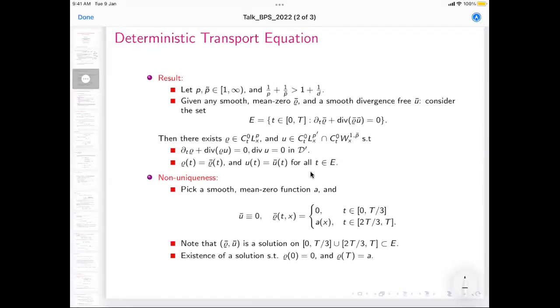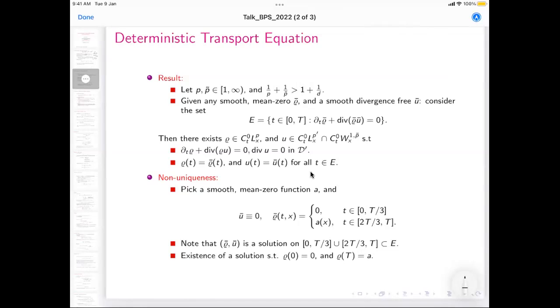And what they are saying is that you look at this set E. You start with any smooth, let's say mean zero, density rho bar, and smooth divergence-free velocity, let's say u bar, and you look at all the points t where they exactly solve the transport equation. This convex integration method will produce solutions, for example u, velocity in this space.